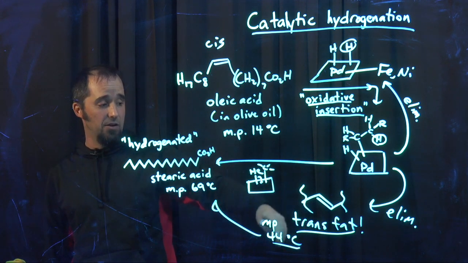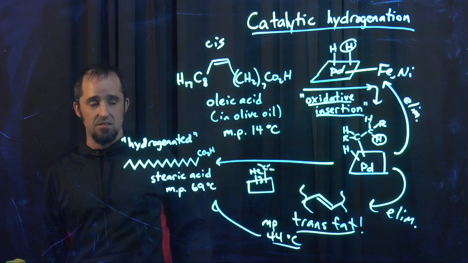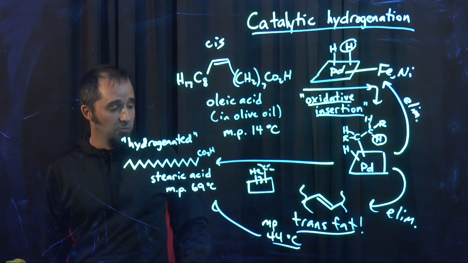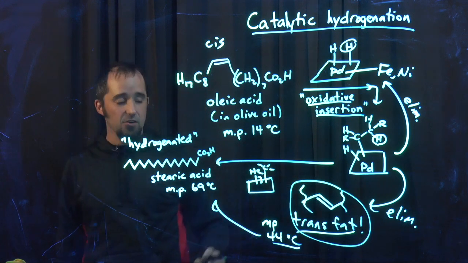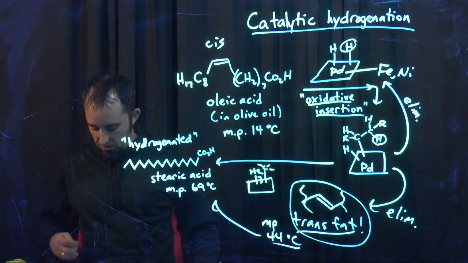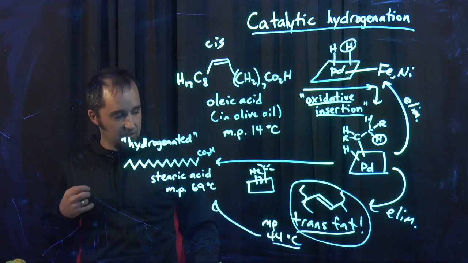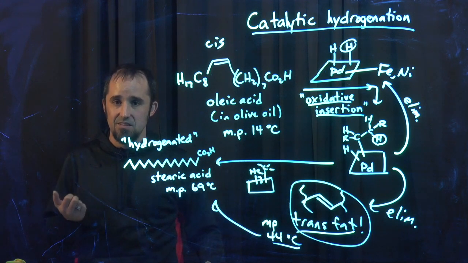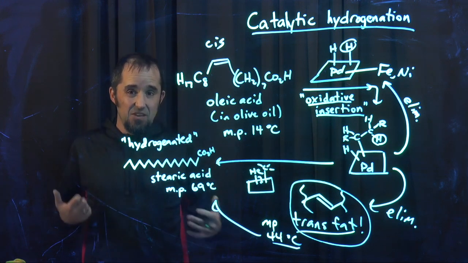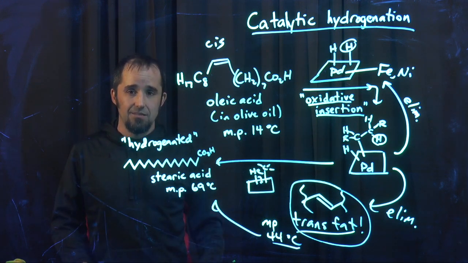Because it stacks better. Trans fat stacks better than cis fats. The problem is that this is actually a little bit toxic. This causes heart problems and so forth. So trans fat apparently gives us an elevated risk of heart disease. Right? Our bodies kind of can't deal with trans fats.